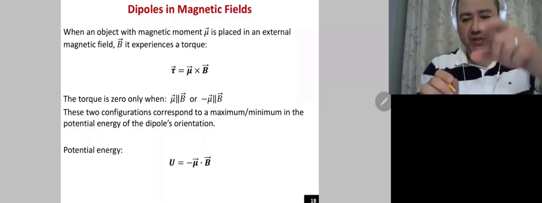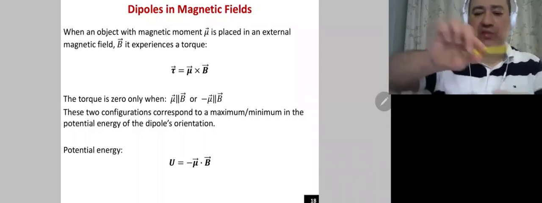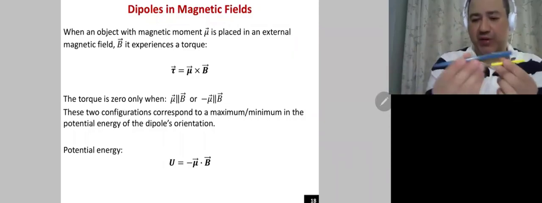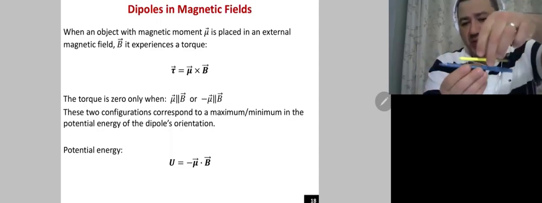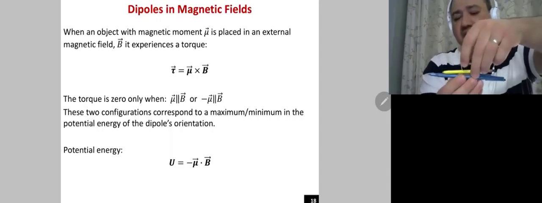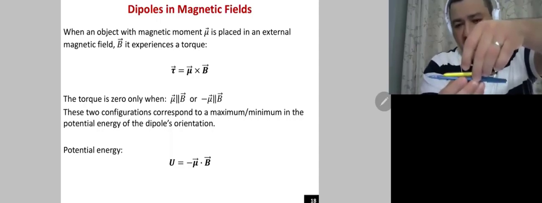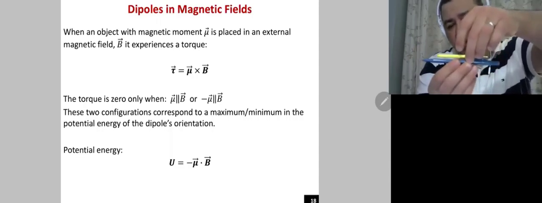If the magnetic field is pointing in this direction and the magnetic dipole moment is pointing in the same direction, the torque is zero, and this is the lowest potential energy position.